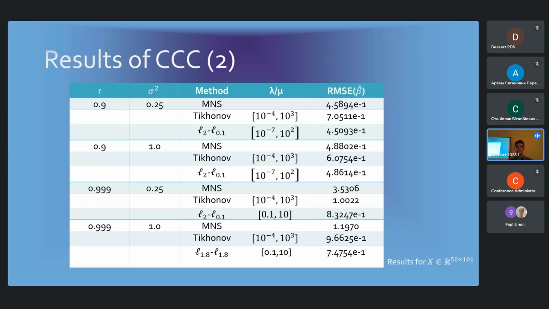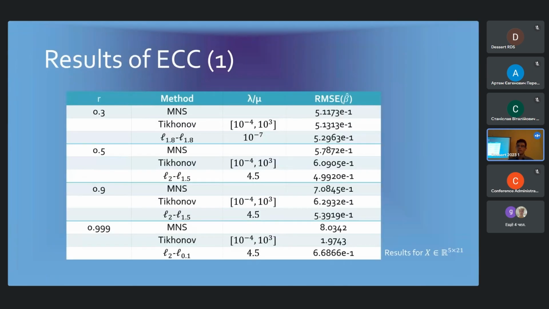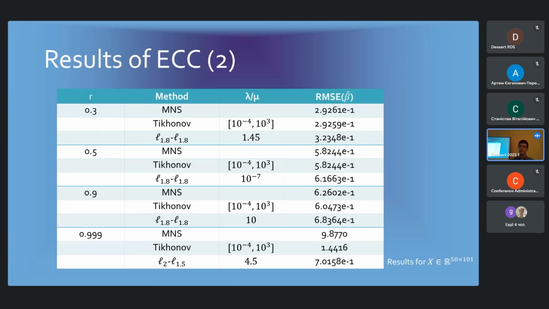That can be evaluated and confirmed by the next charts, in which we have tested many methods. For example, we observed ECC, the element covariate, and we always test different and potentially larger dimensions for the data matrix.